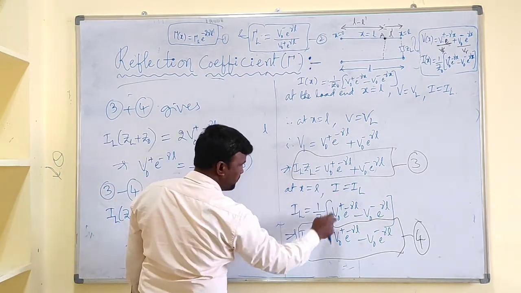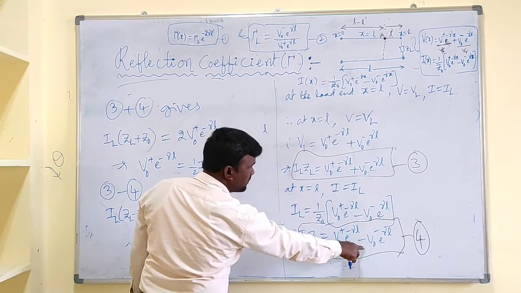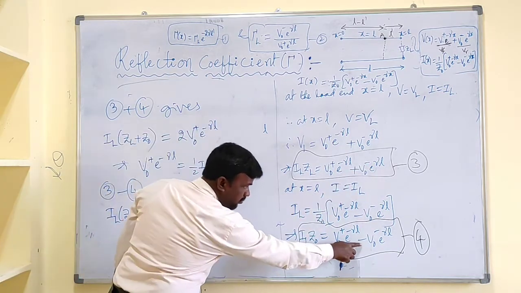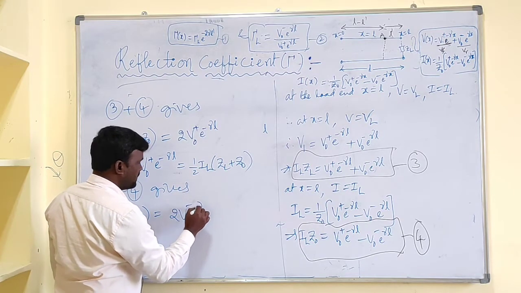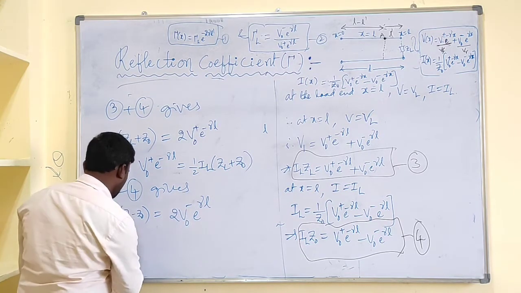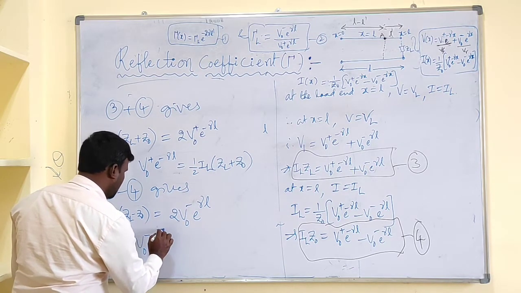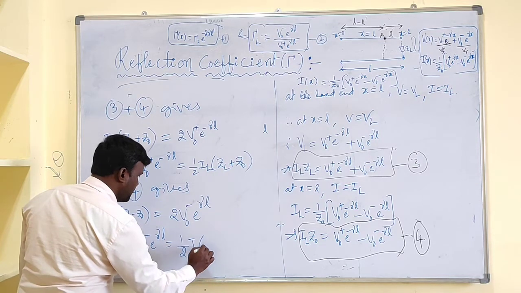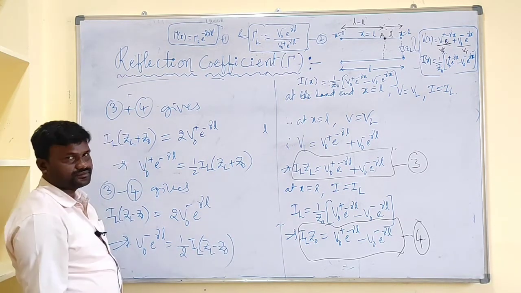As these are the same, these two are cancelled out, and this one minus this one, that is V naught minus e to the power gamma L minus of this one, gives 2 into V naught minus e to the power gamma L. So finally we got V naught minus e to the power gamma L is equal to 1 by 2 IL into ZL minus Z naught.